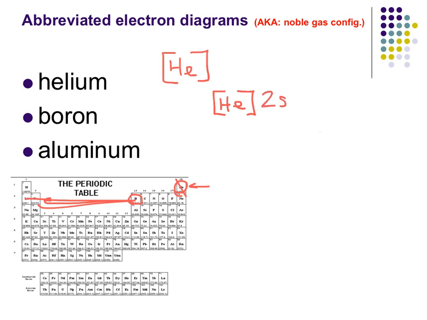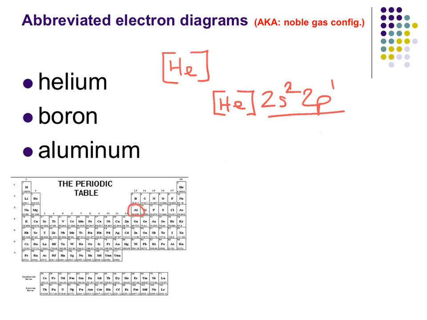In the 2s, we had 2 electrons, and in the 2p, we had just 1. So we would write out that entire last energy level, but we can abbreviate the first energy level with the helium. That might not seem to save us a lot of time towards the top of the periodic table, but it definitely helped with something like uranium, right?